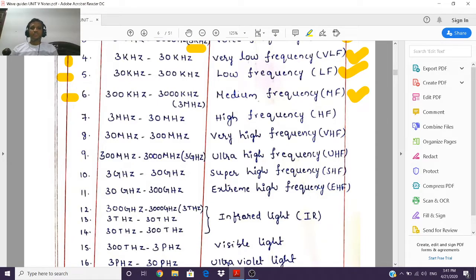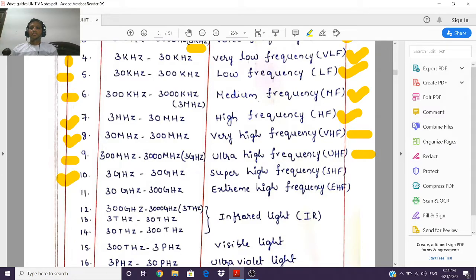This entire table is very important, that's the reason I'm concentrating more on it. 3 megahertz to 30 megahertz is called high frequency, and 30 mega to 300 mega is called very high frequencies. This is a very important question asked many times in competitive exams. 300 megahertz to 3000 megahertz or 3 giga is called ultra high frequency.